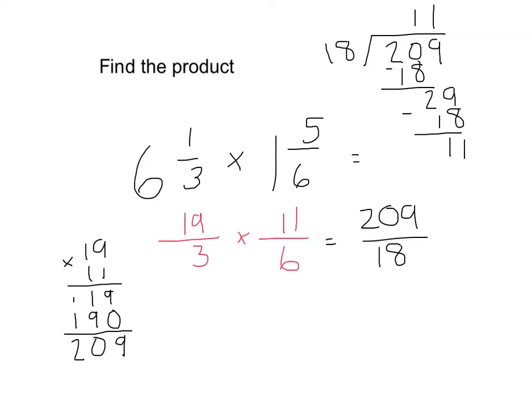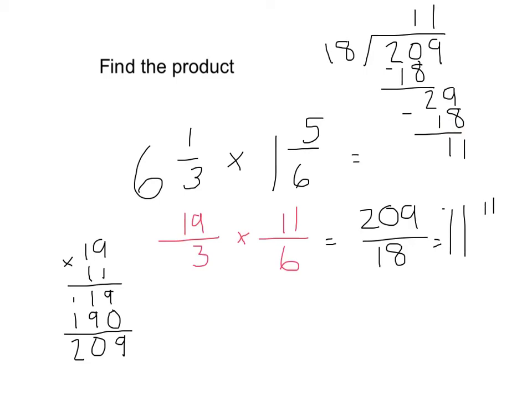So here is how you would figure out your answer from the work that I did on the top right hand. I know that this number right here will become my new whole number. 18 goes into 209 11 times. So 11 is going to be my whole number. I have 11 left over as my remainder.